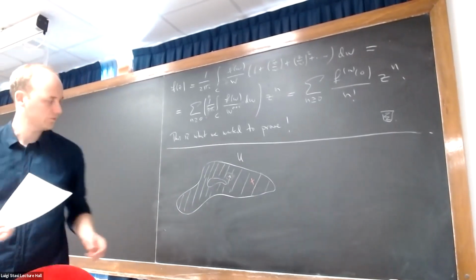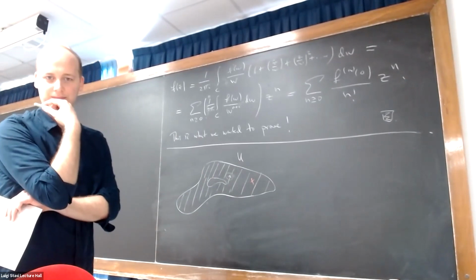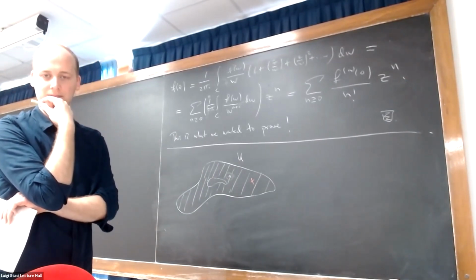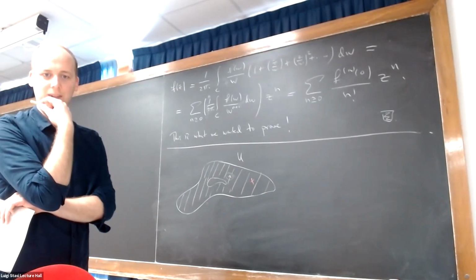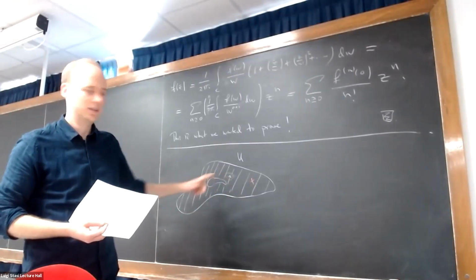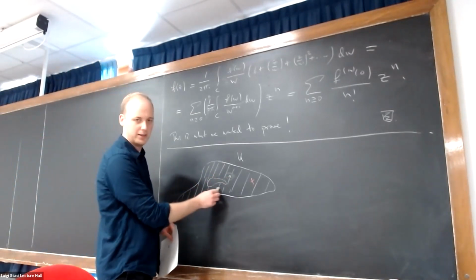Any ideas, if you can see the picture? Are you guys still there? So the question is, what will the radius of convergence be here in the picture? I drew this picture of some domain U, which was not simply connected, or there was maybe some singularity here.